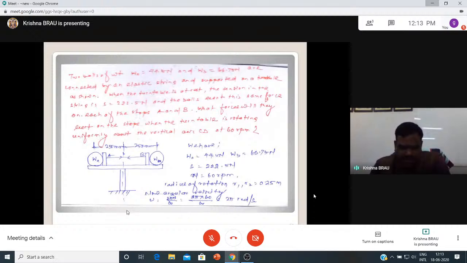The disk speed is 60 rpm, and the radius of the two balls is the same, 250 mm. Omega is equal to 2 pi N by 60. Find the angular velocity omega.